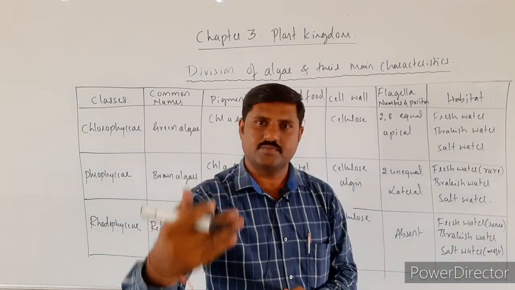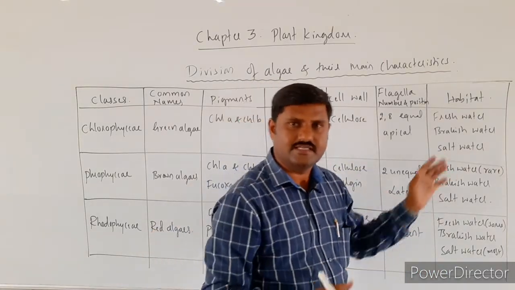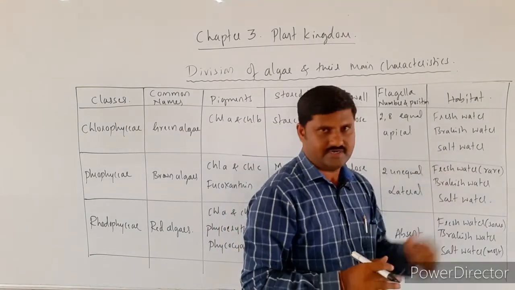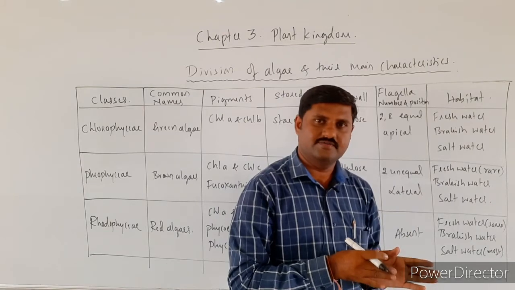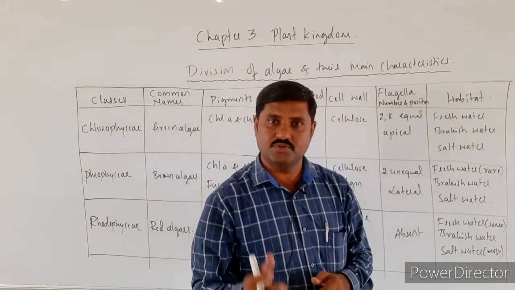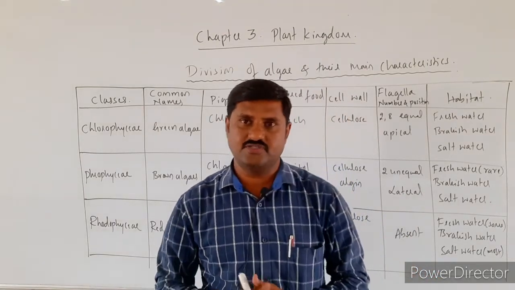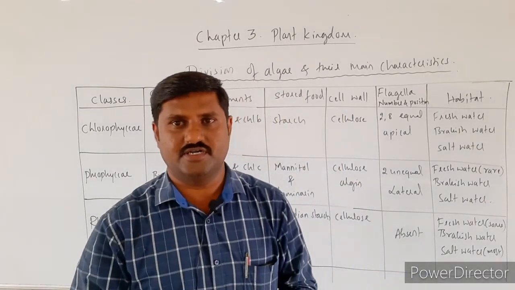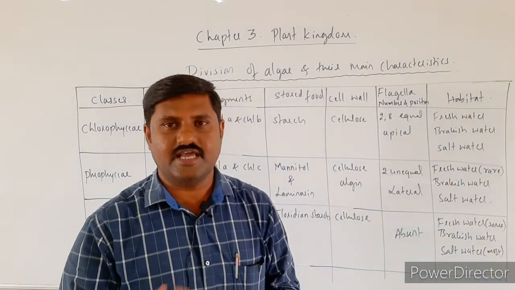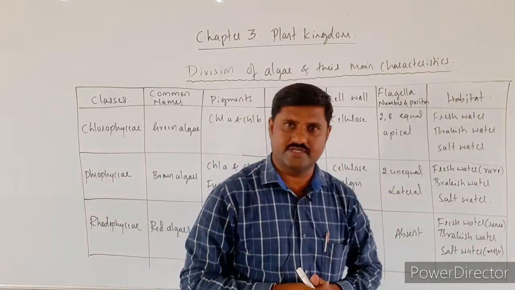Their salinity is somewhat different. There also these algae grow, and in salt water. Some are marine, some are freshwater, some are brackish. In chlorophyceae, majority of them, about 90%, are present in fresh water, and 10% in marine water, right?